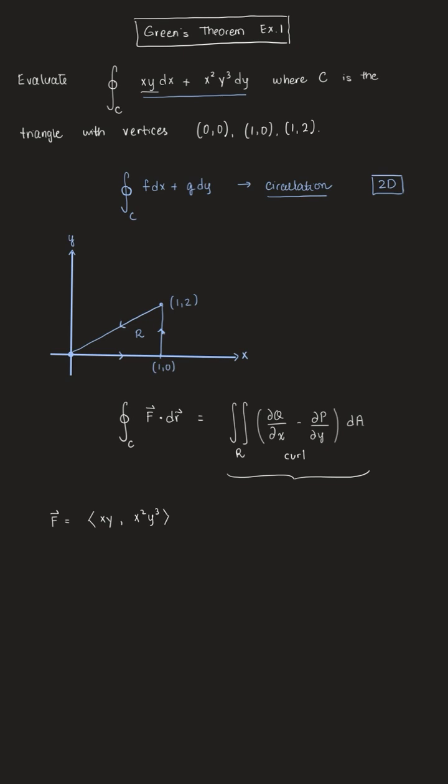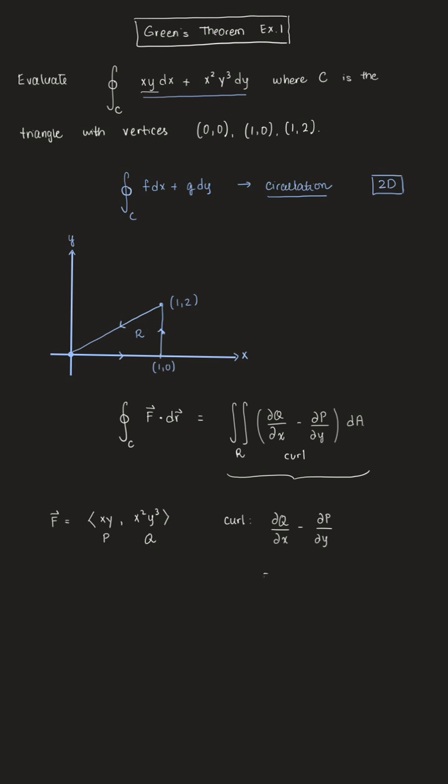If this is f or P, and this is g or Q, since I'm using a couple of different notations here, depending on what you like, then we can find the curl by evaluating the mixed partials: partial of Q with respect to x minus partial of P with respect to y.